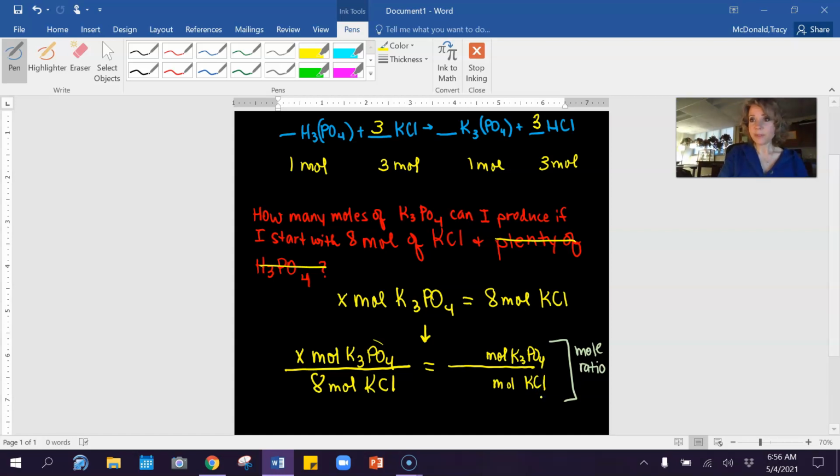Okay, now comes the part where I use the numbers from my equation. How many moles of potassium phosphate do I have in my equation? Here's potassium phosphate, and I have no coefficient in front, so that means that I have 1 mole of potassium phosphate. And in my balanced equation, how many moles of potassium chloride do I have? Here's potassium chloride, and here is my coefficient.